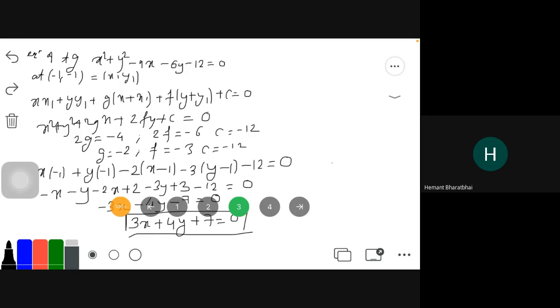I hope you understood how to find out the equation of the tangent also. So now let's do some complex numericals. This was just preliminary numericals to understand how to apply the concept. So we have just learned how to apply the concept. Now we are going to do some exam numericals.